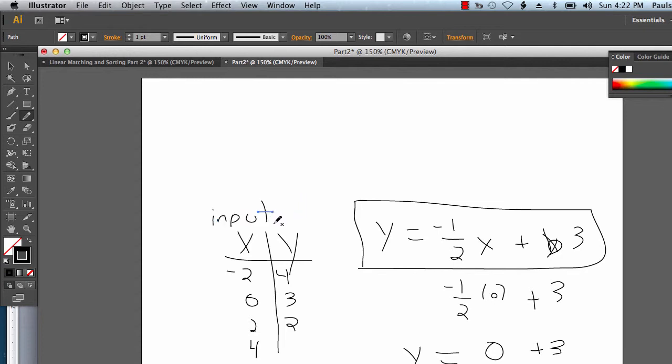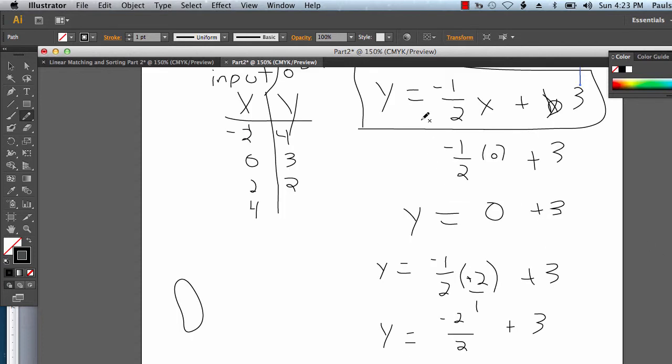Input values are x values. Output values are y values. When we plug in an x, it gives us the output y. When we plugged in x equal 2, we got y equal to positive 2.